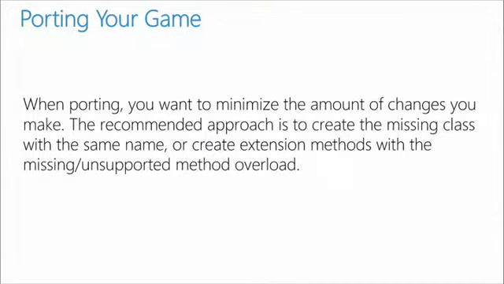And of course, when you're porting, you want to minimize the amount of changes that you're making. So if you have a class or an overload that you're using in your code, one of the best ways to go about that is maybe to write it yourself. Right? You rewrite the class or the overload and put in the features that you're expecting to be there.